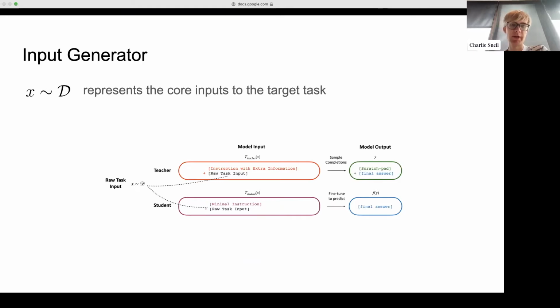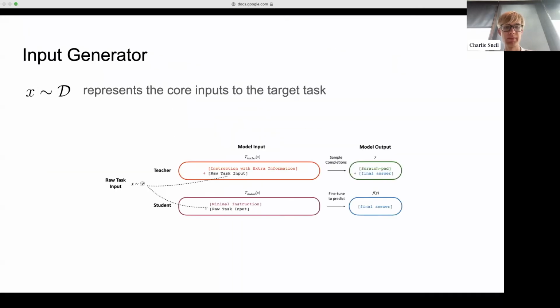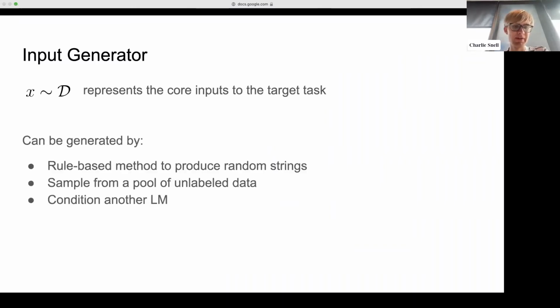The input generator considers these raw inputs, which could be like the addition problems that we saw previously. It's the first step in the process. So it could be an addition problem, or it could be something like a movie review. Suppose your task is to classify the sentiment of movie reviews, then the inputs would be the movie reviews themselves.